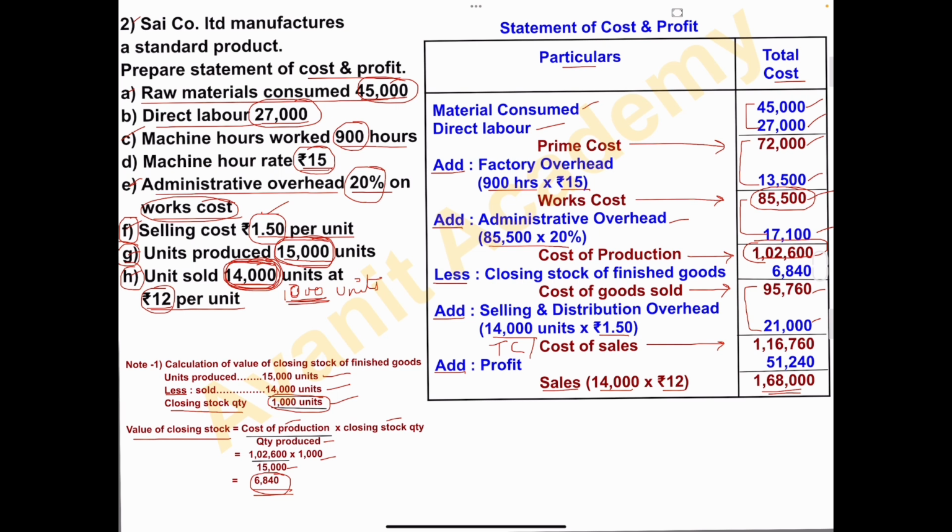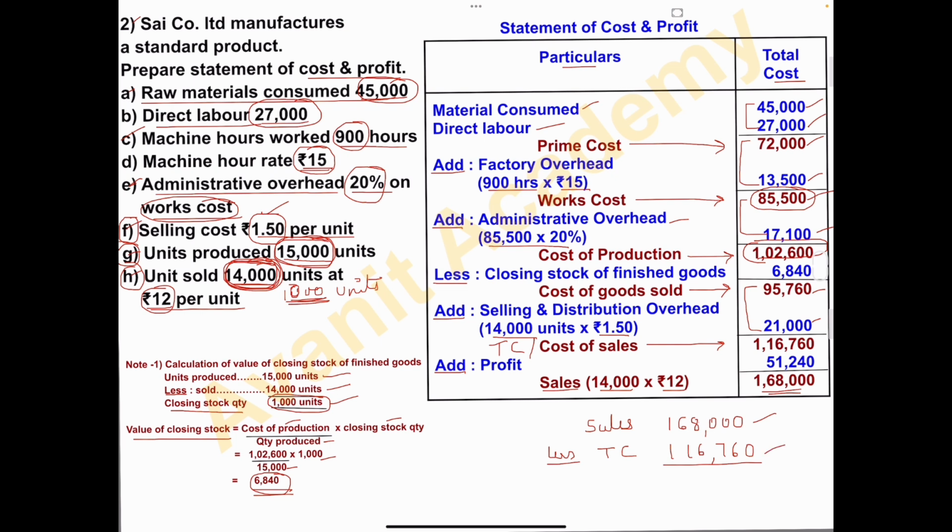From this 1,68,000 minus 1,16,760. Okay, the sales amount is 1,68,000 less total cost amount, that is cost of sales is 1,16,760.